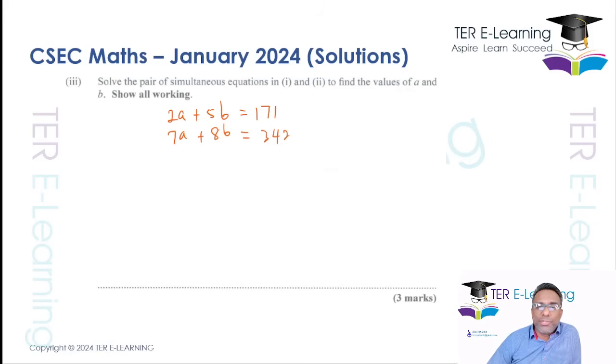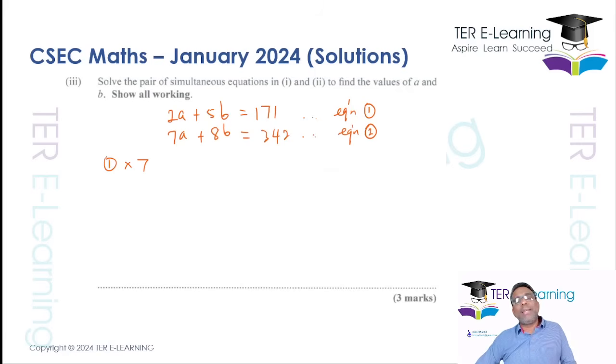What I would do in this case here, let's say I wanted to eliminate A. So let's label our equation. So this is equation 1. Let's label this one equation 2. And what we're going to do, we're going to take equation 1 and multiply it by 7. The reason why I'm multiplying it by 7 is because I want to eliminate A in this case.